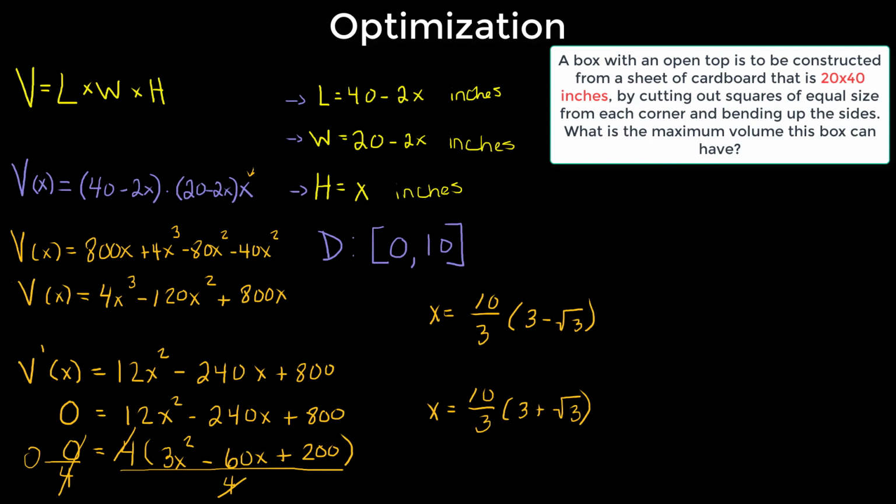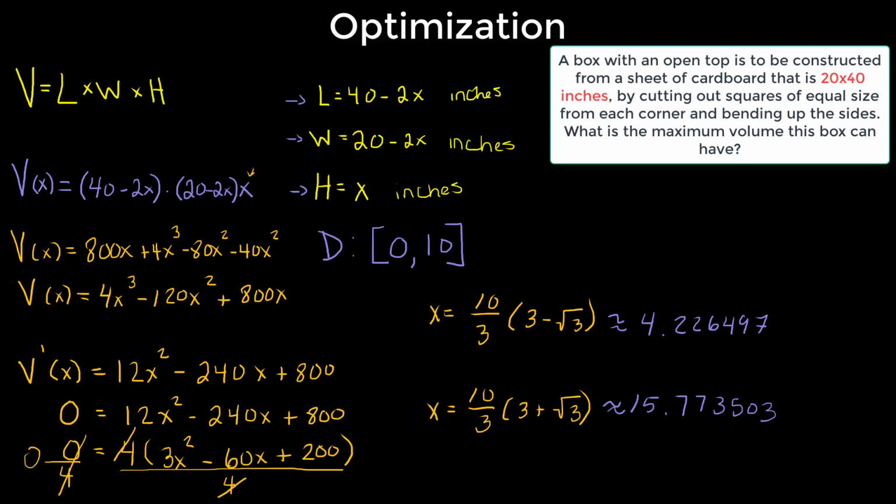I'm going to give approximations for these. The first one is approximately 4.226497. The other one is approximately 15.773503. I'm using 6 decimal places because I usually don't round.